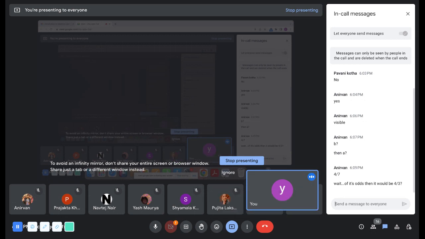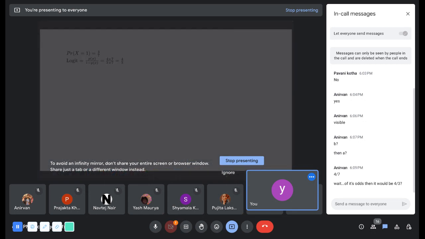What I asked was the probability that x is equal to 1, but the logit transformation is nothing but the odds, basically.